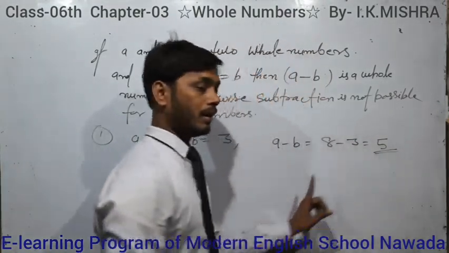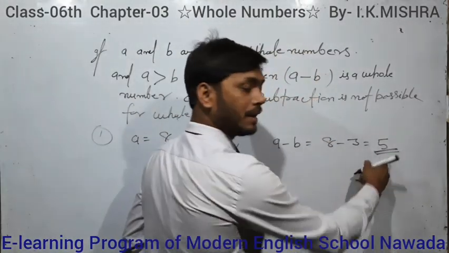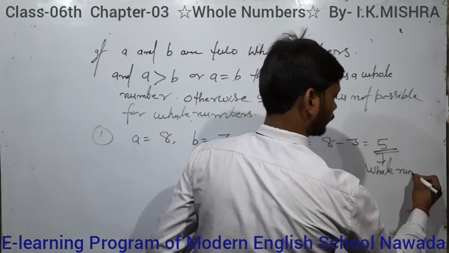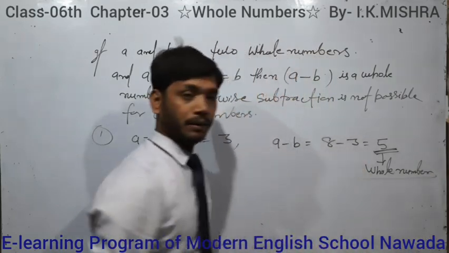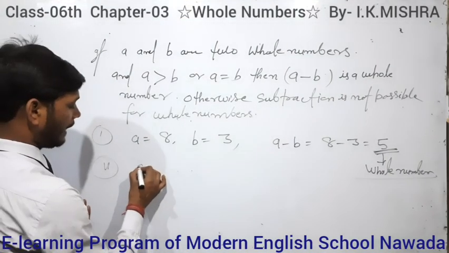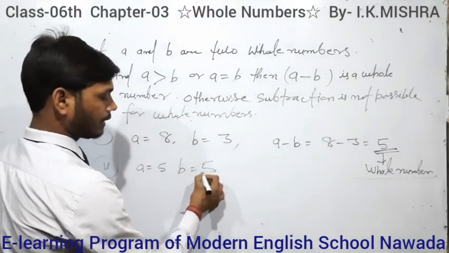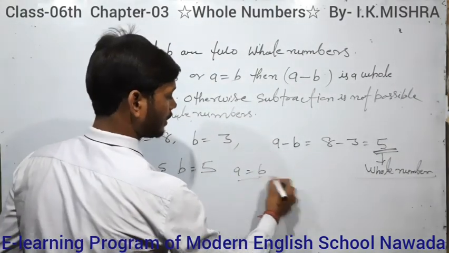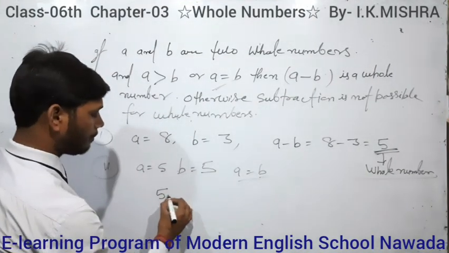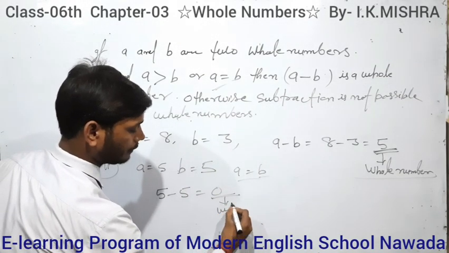If A is greater than B, then the subtraction result is a whole number. But here A equal to 5, B equal to 5, that means A equal to B, and 5 minus 5 is equal to 0, and it's also a whole number.